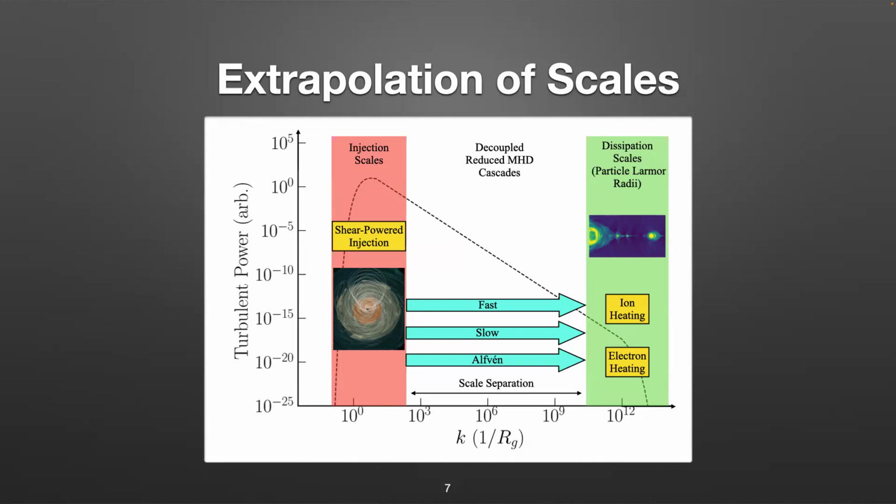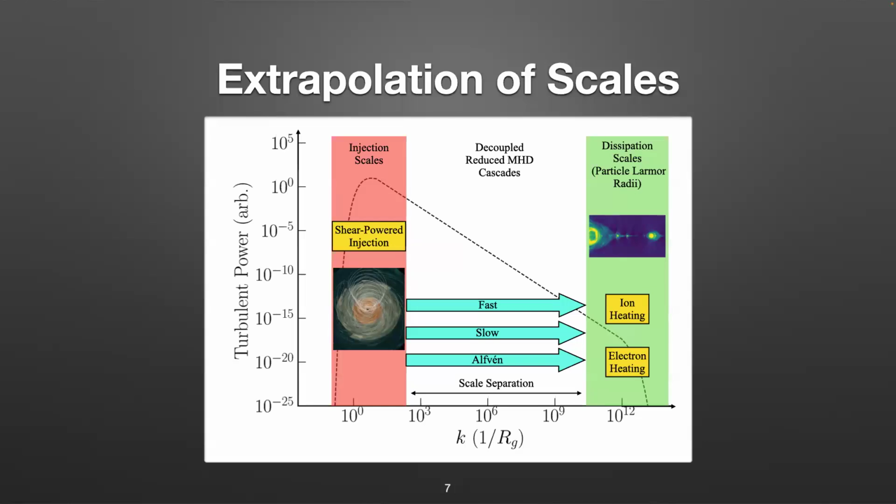This decoupling gives us an avenue for extrapolating the scales from the left end to the right end in a self-consistent manner, meaning that if we model the left end of the power spectrum, there are no other characteristic scales at which these waves interact in a significant manner.